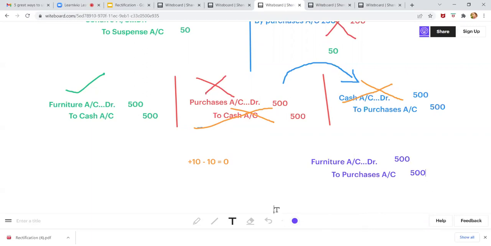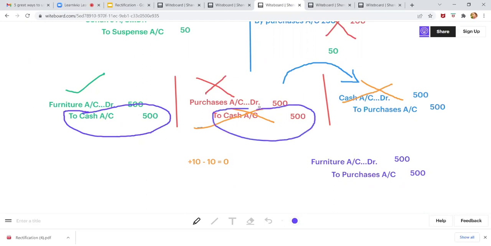As I have told you, if there is no problem on one side, as you can see, there has to be the cash account credit, right? So there is no mistake there in the wrong entry. So there is no need to rectify this because it is already correct.